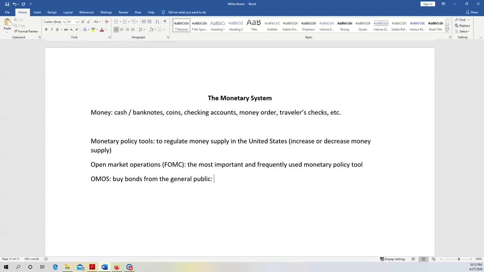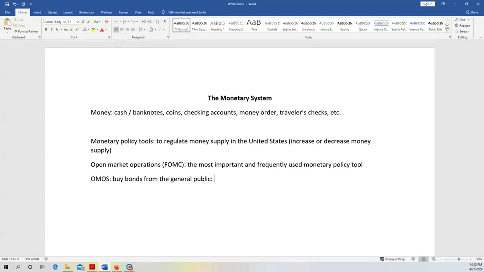If you want to buy a bond, you have to pay, for example $1,000 or $2,000 to buy one piece of paper called a bond. So the Federal Reserve, the central bank. This is not precise, but it gives you the basic idea of what open market operations are. Essentially, it's buying and selling bonds by the Federal Reserve, the central bank.